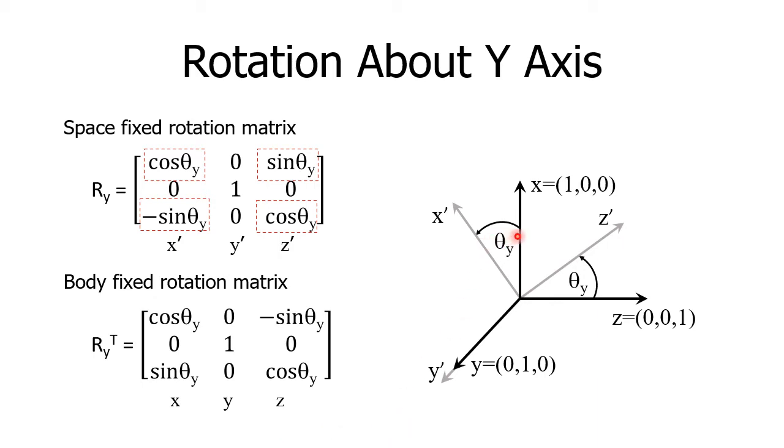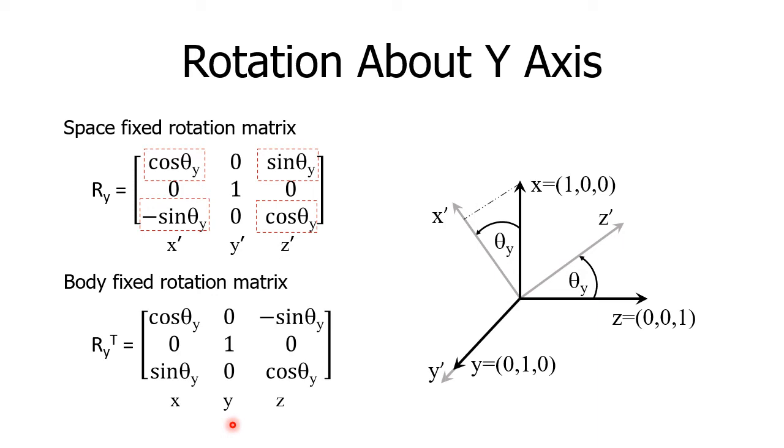So the x-axis is here. So the projection on x prime is a cosine here, and the projection on y is none, so it's 0. And the projection on the z prime, which is this one here, is sine. This is positive.